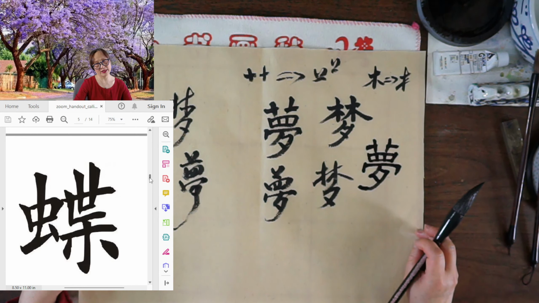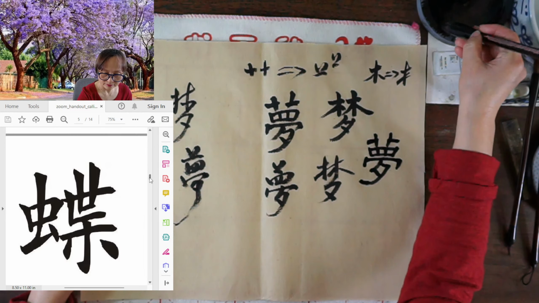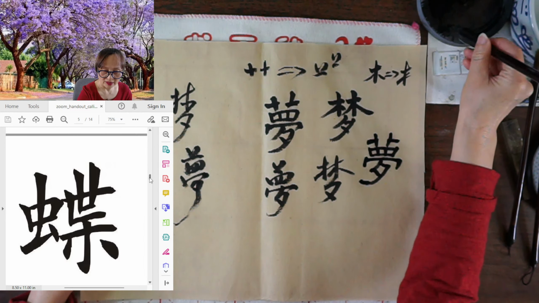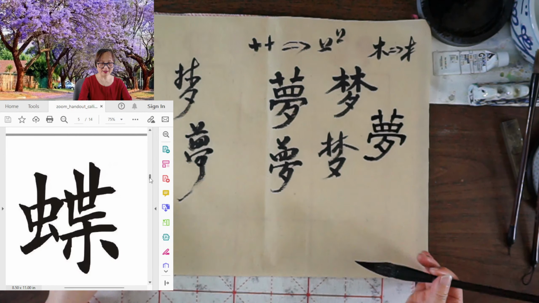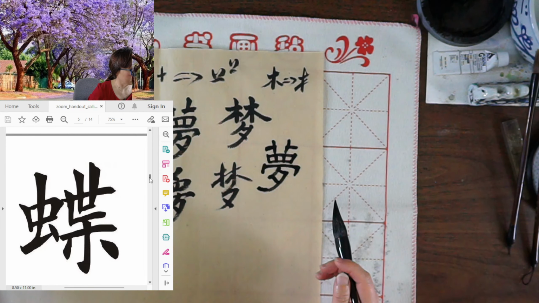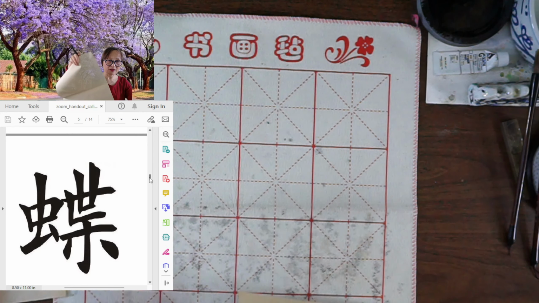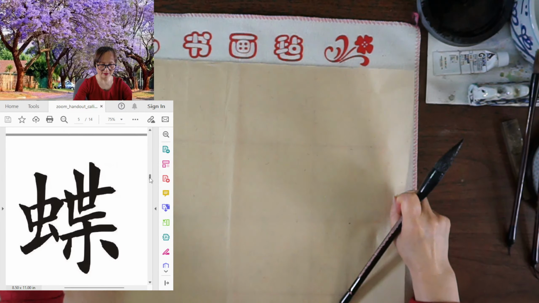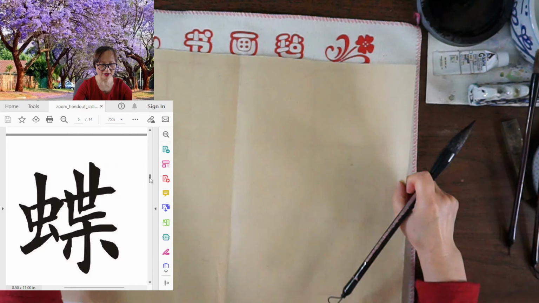Okay, that's done. And this butterfly has two parts, right? Left and right. The left one by itself is the character for insect, and now is the radical for butterfly.